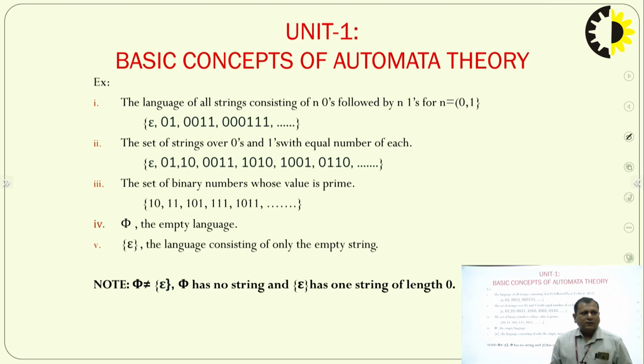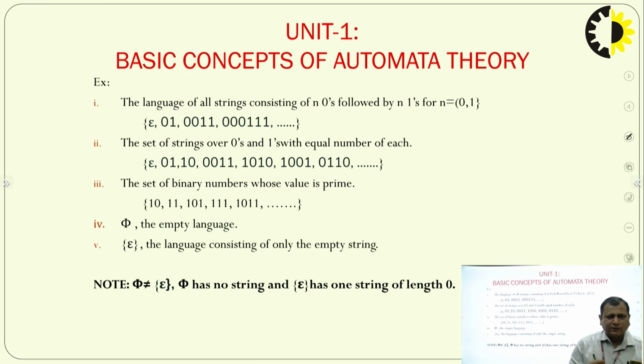Number 2, the set of strings over 0 and 1 with an equal number of each. So in this example, in the previous one the language consists of n number of zeros followed by n number of ones. तो उसमें पहले 0 आएंगे, n number of 0 आएंगे और फिर n number of 1 आएंगे.